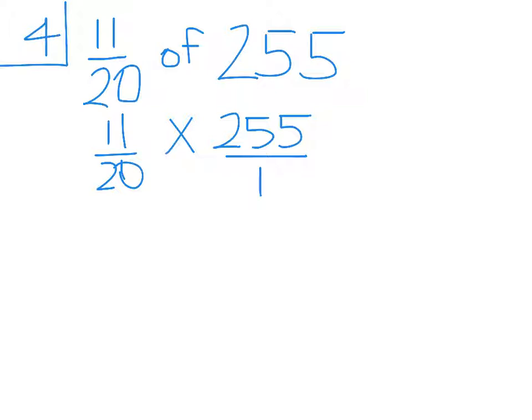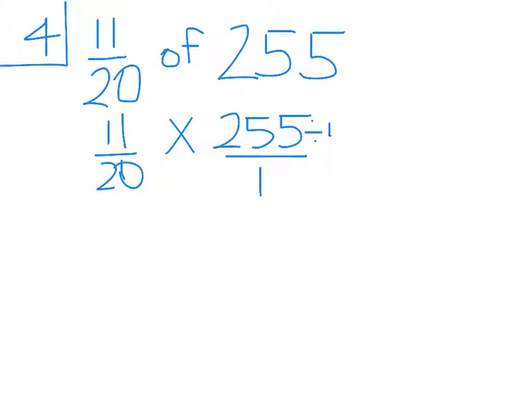Now, what a lot of you are going to want to do, and I don't recommend this, you're going to want to try to multiply 11 times 255, and you'll get the answer, and you'll do 20 times 1, that's easy, but then you've got to simplify that big number, right? So I'm going to try to save you from having to do that.